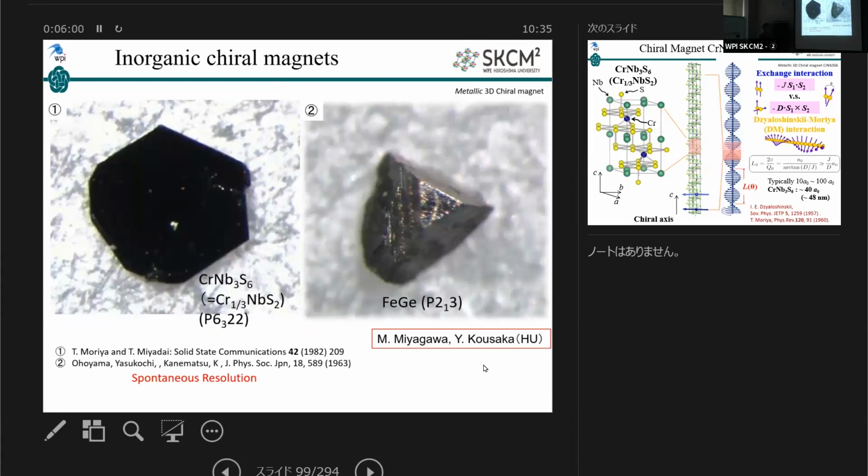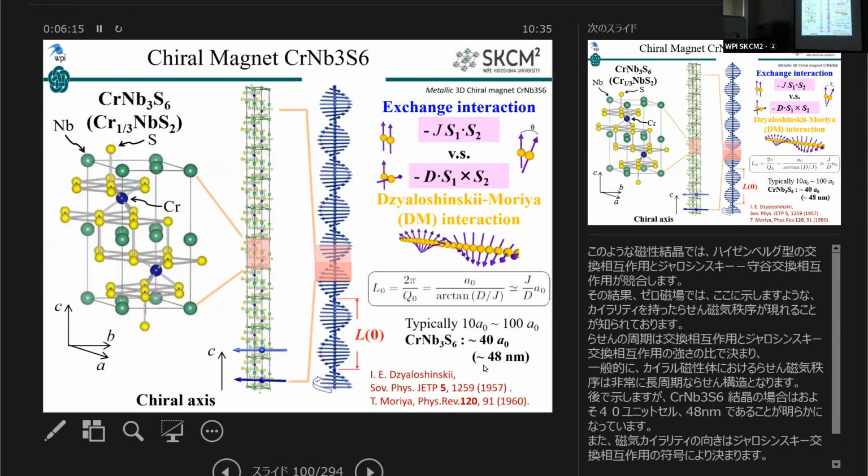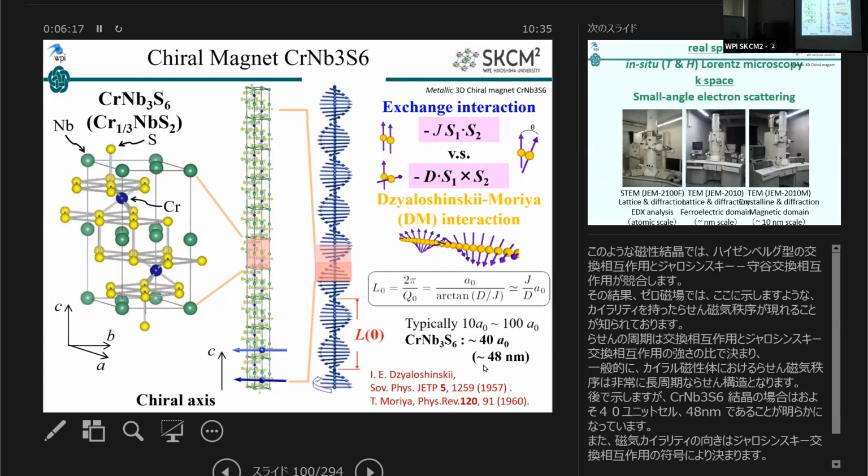But this one is molecule-based, and we can also grow inorganic metallic chiral magnets. These are some samples of chromium niobium sulfur and iron germanate. This is almost a summary of the structure of the chromium niobium sulfur compound.